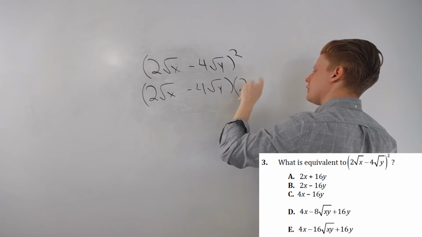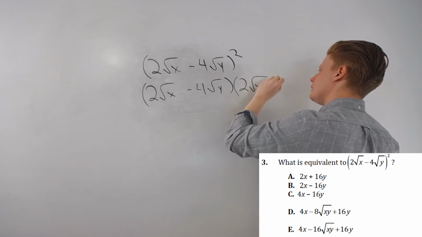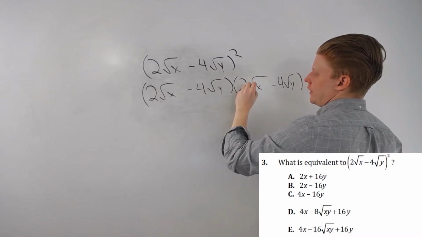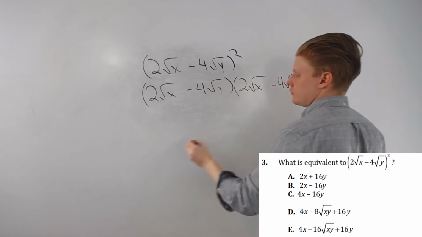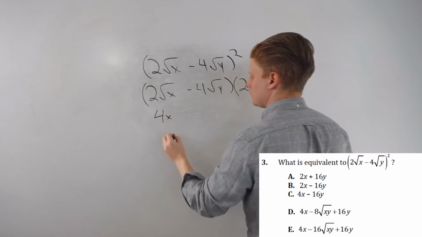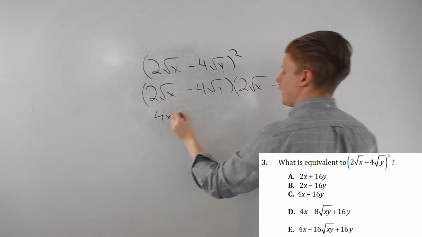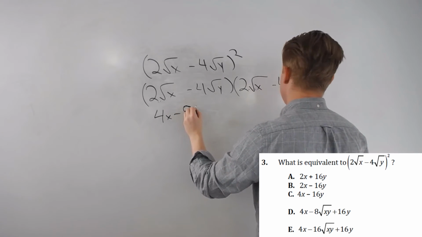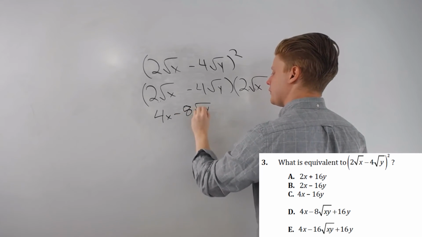So 2 times the root of x times 2 times the root of x. Well, that'll be 4 square root of x squared, x.